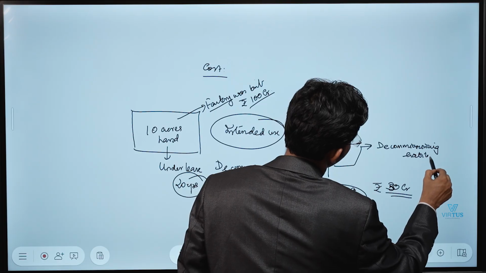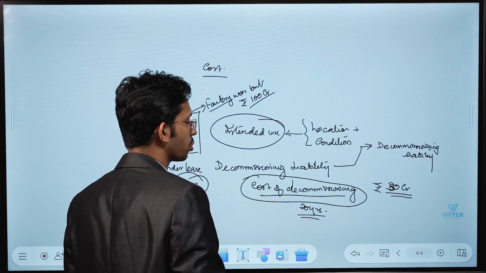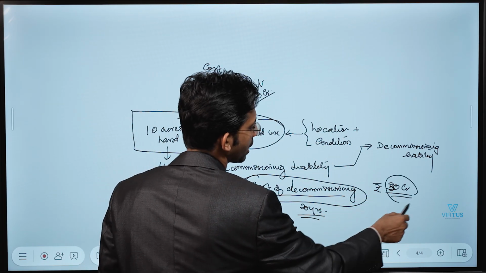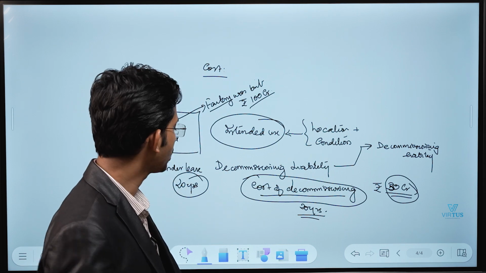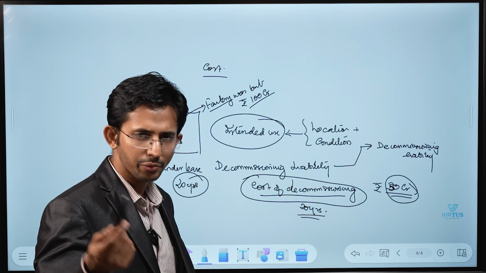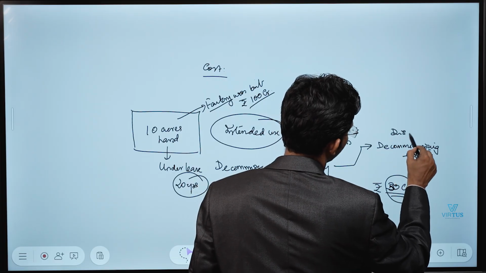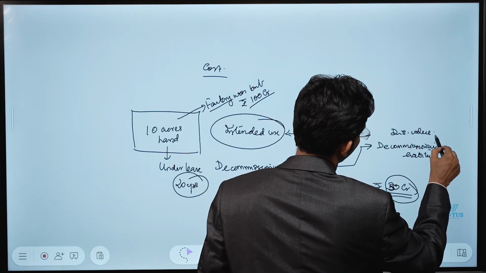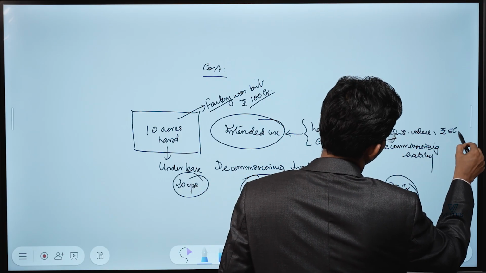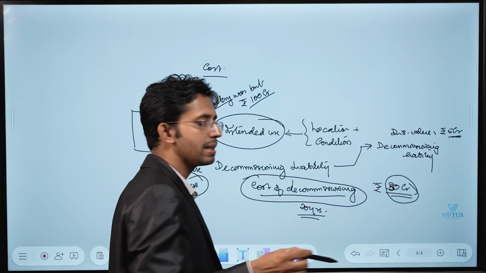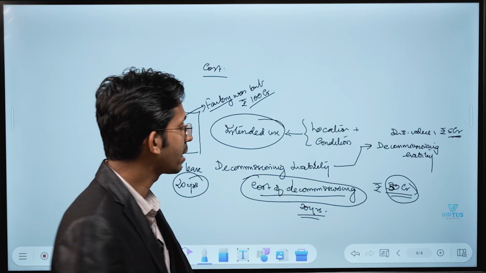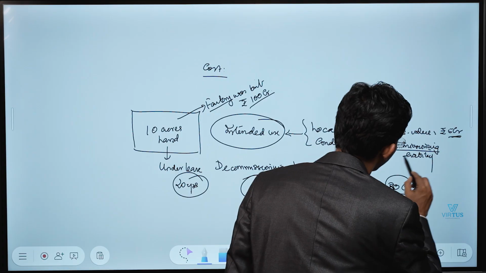So how do you recognize this decommissioning liability? You have estimated the cost of decommissioning as 30 crore, but this 30 crore is payable after 20 years. So you have to discount it. Let's say the discounted value comes to 5 crore. This 5 crore is your decommissioning liability as on today, which you will recognize as a long-term decommissioning liability.